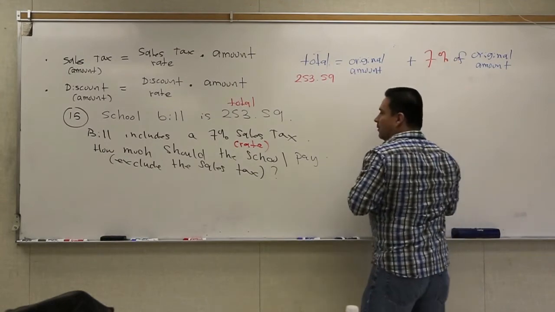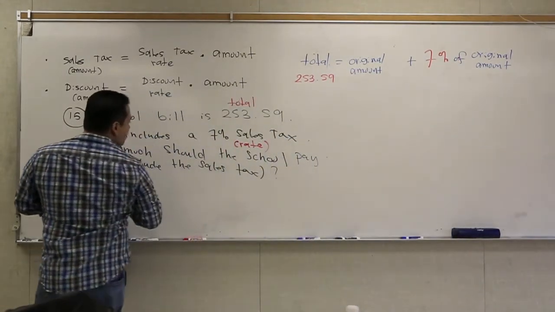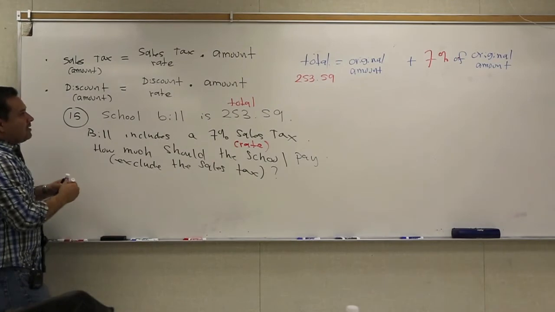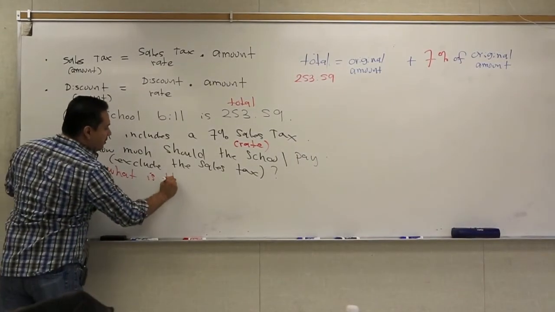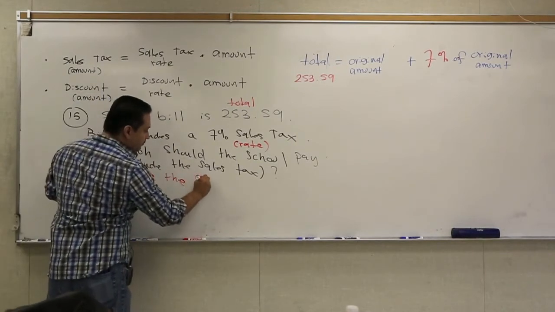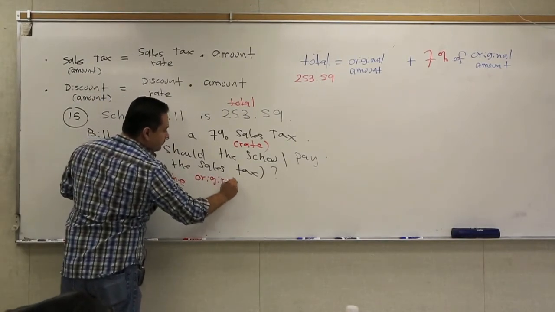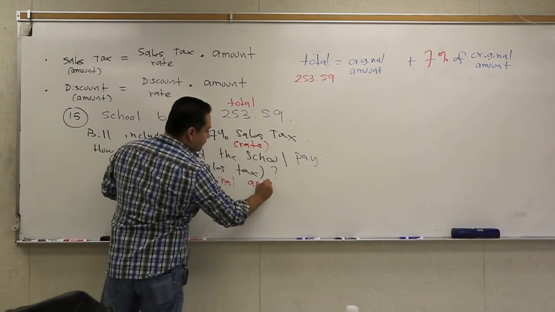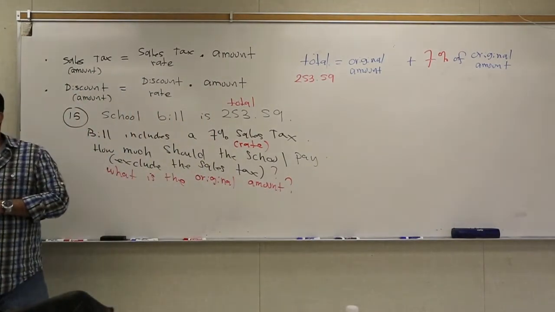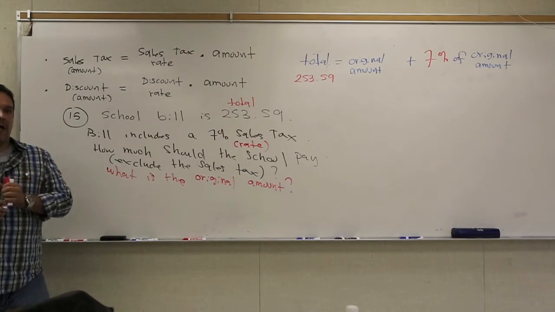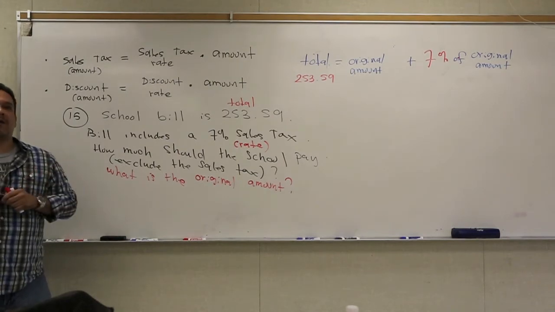Is that true? So they should have just asked us, what is the original amount? Do you guys know what the original amount is? Say no, but what are we going to call it?